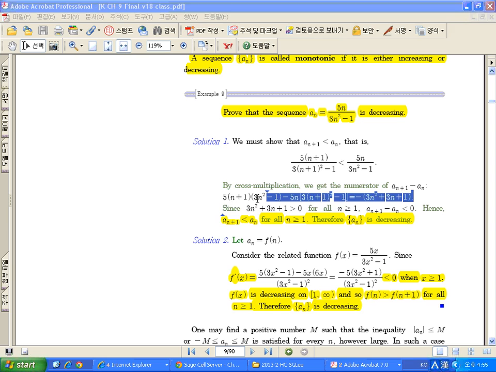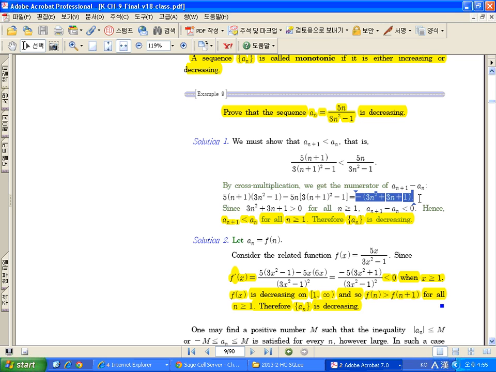So this term can be simplified in this way. But as you see, this is always positive for all n greater than or equal to 1. Since it has a negative sign here, a_(n+1) minus a_n is always negative, which means for all n we have the inequalities in this order, which means it is decreasing.